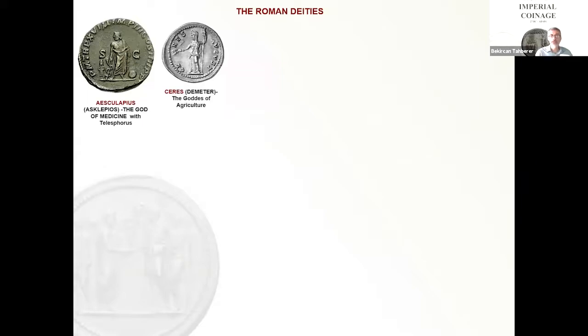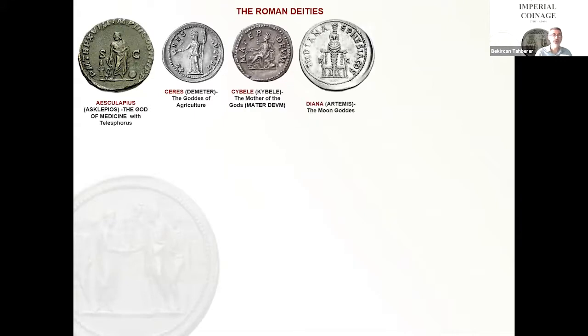Roman deities are also advertised on Roman coins. Asclepius, the god of medicine. Ceres, Demeter in the Greek world, the goddess of agriculture. Cybele, the mother of the gods.